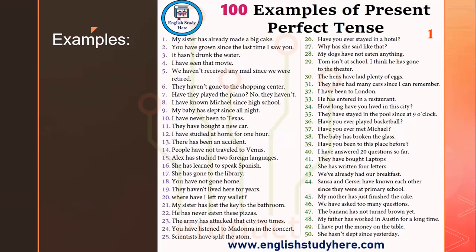Well done. What about 22? He has never eaten these pizzas. So what is the meaning of this sentence? He has never eaten these pizzas.